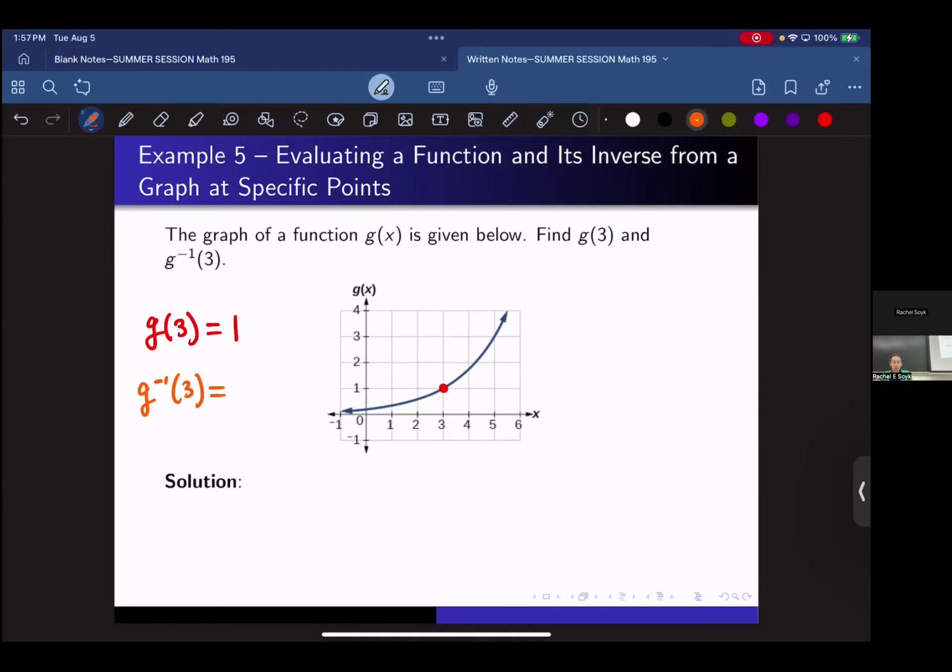And so again, instead of viewing this as your x, you now want to figure out, okay, when our y is 3, what is our x? That gives us 5. So again, x and y values are switched when dealing with inverse.